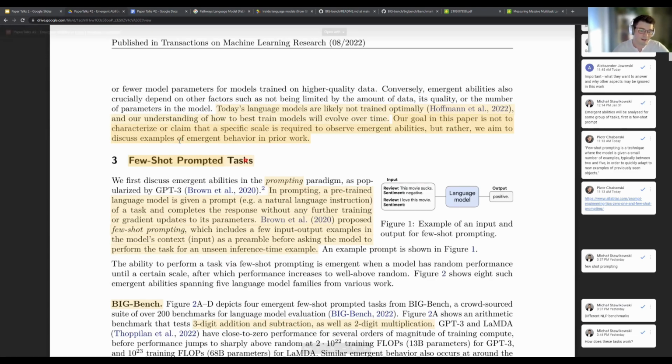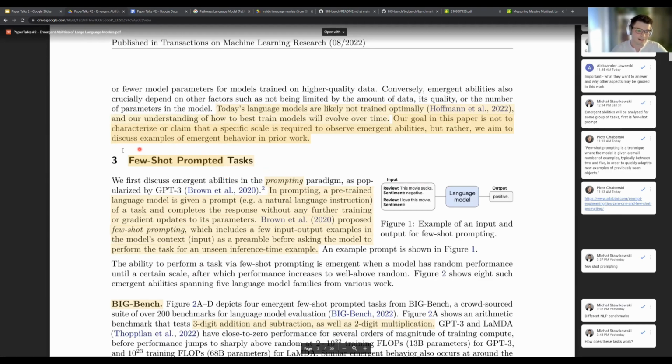And we are now going to another paragraph, which is few-shot prompted tasks. This is one of the groups of tasks that large language models are solving. This one is, I think, one of the most popular, and actually it's the same as ChatGPT works in chats, because we are writing some prompt, and then based on this instruction or question that we are asking, it is generating some output.